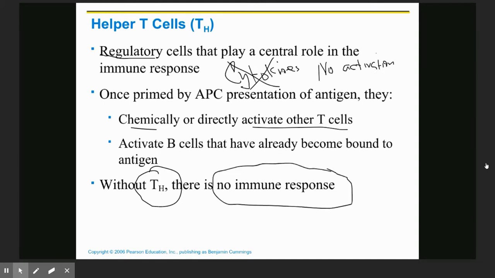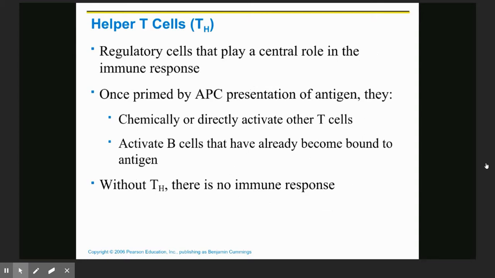So if we go back to our analogy of the military, T helper cells are sort of like the generals. In other words, they tell everyone what to do. They tell you to go over there and do this, and so on. If you take out all the generals of the military, you probably would not have a very effective military.